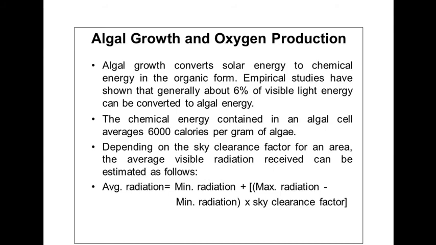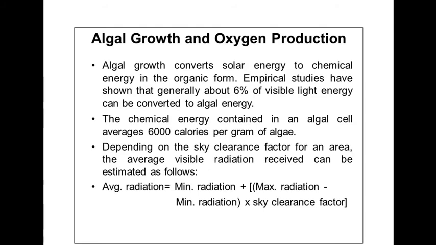Algal growth converts solar energy to chemical energy in the organic form. Empirical studies have shown that generally about 6% of visible light energy can be converted to algal energy. The chemical energy contained in an algal cell averages 6,000 calories per gram of algae.